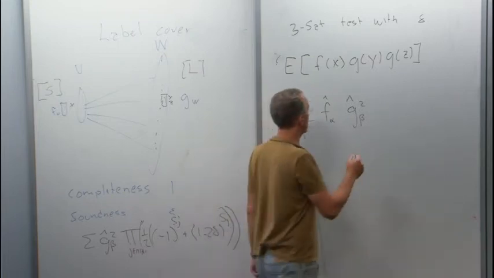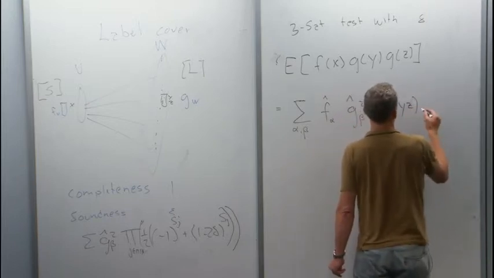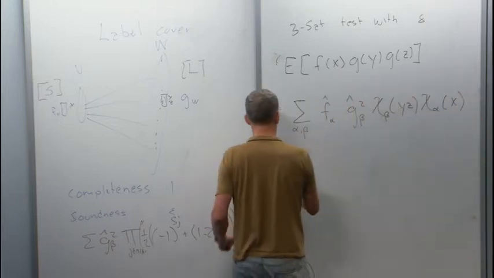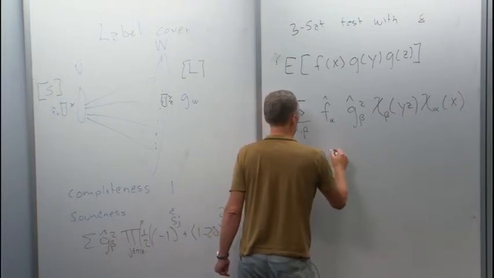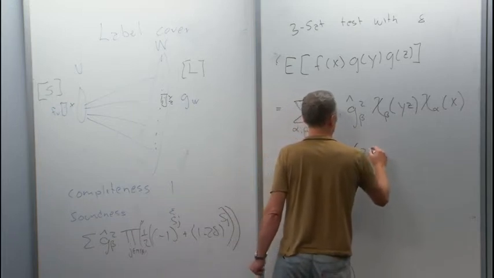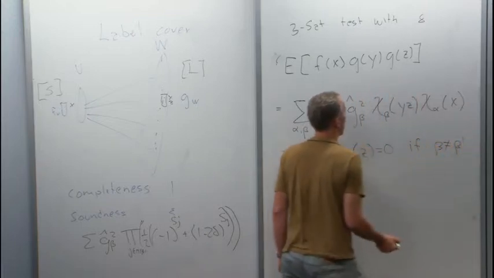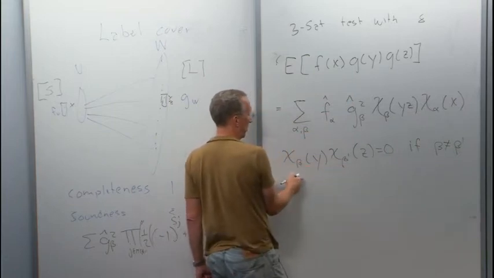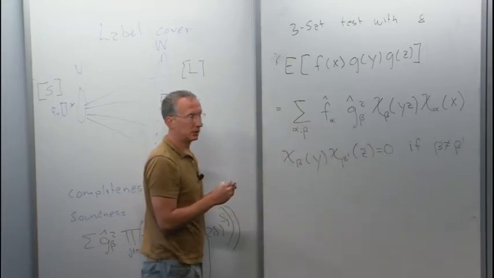I won't worry about these things. So I take the Fourier expansion everywhere. The terms where we have different characters for y and z will disappear, and then I'll get what we have here. Okay.